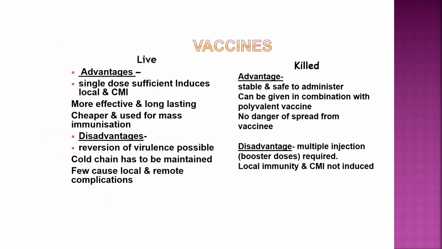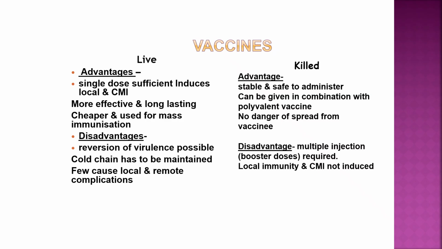Vaccines are of two types, live and killed. Third, subunit and recombinant vaccines are also available nowadays. So we'll see the difference between live and killed. Live advantages: a single dose is sufficient, which produces local and common immunity, and it is more effective and long lasting. It is cheaper and usually used for mass immunization.